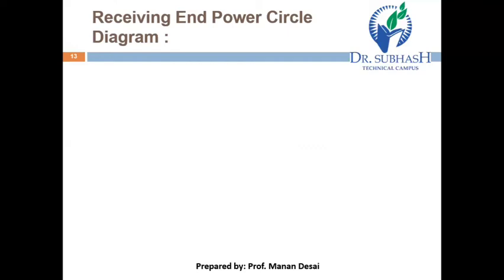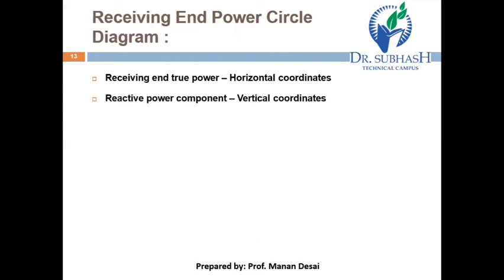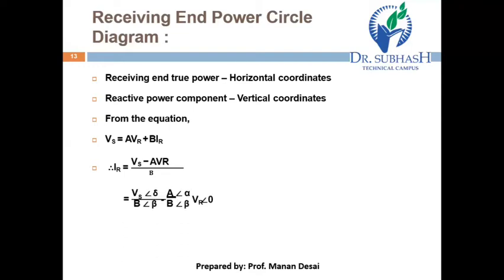So now, the receiving end power circle diagram. It has true power on the horizontal axis and reactive power on the vertical coordinate. From the equation Vs is equal to A VR plus B IR, IR is equal to (Vs minus A VR) by B, and it has some angle.